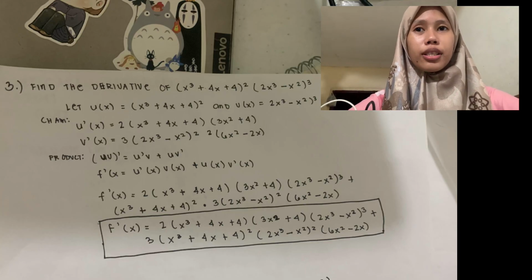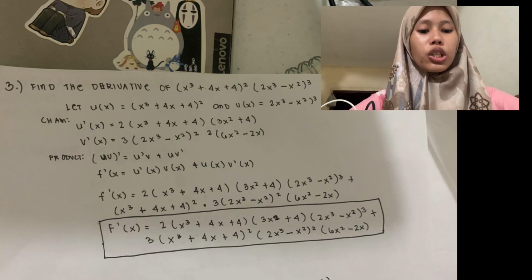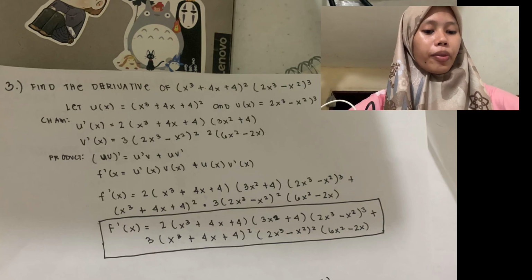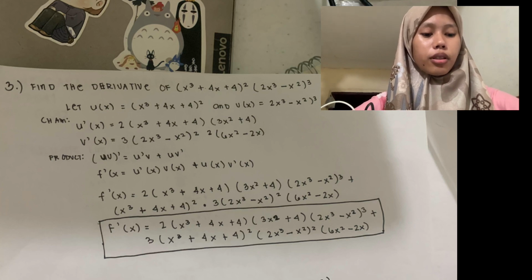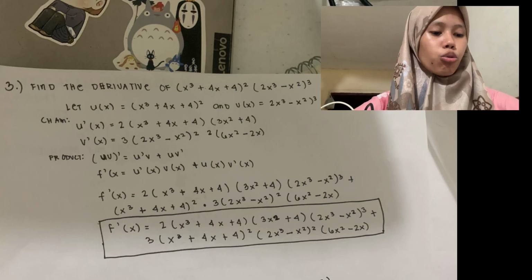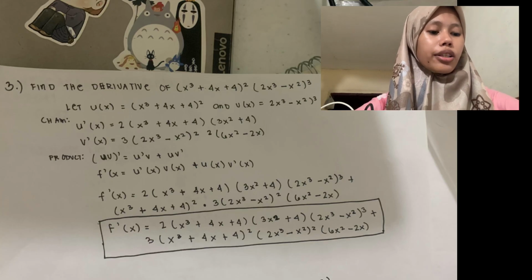For the first, we will be using the chain rule. Let u(x) equal (x cubed plus 4x plus 4) squared, and v(x) is (2x cubed minus x squared) exponent of 3.